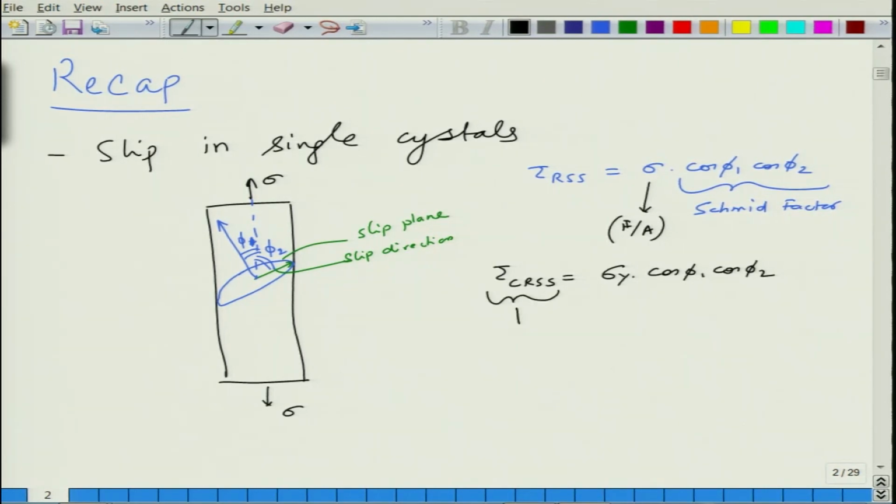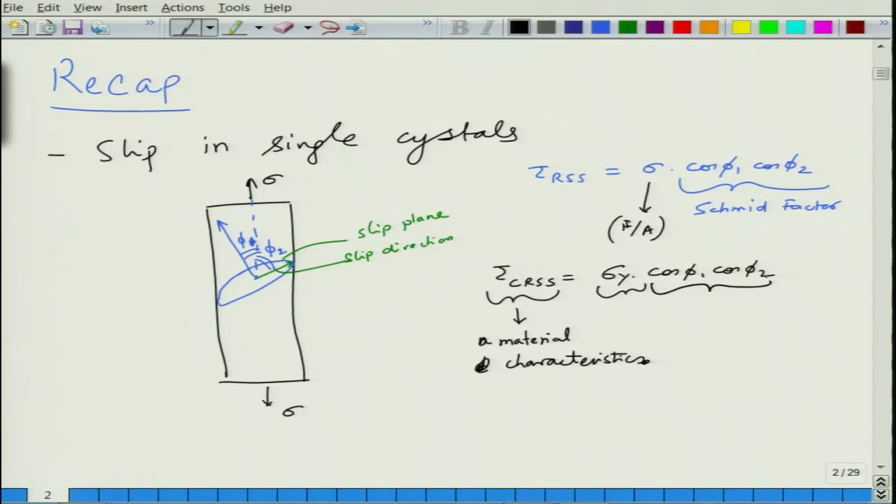So, CRSS is a material characteristic. Sigma y changes with the orientation.